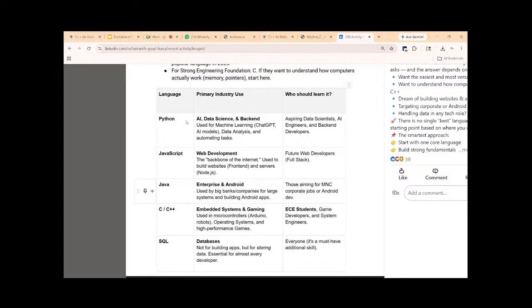Now here we have Java, not a Ragi Java. We use it for enterprise level applications and Android development, and it is commonly used by big banks and companies for large systems and building Android apps. It is not like a no code platform. It is a highly used platform in MNCs.